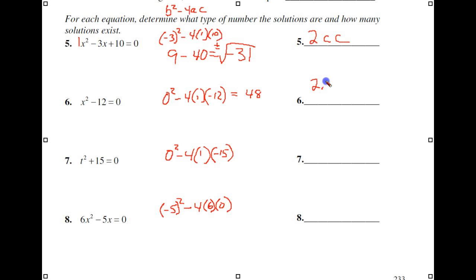So two real solutions, irrational. Again, there is no b here, so b is 0. Minus 4 times a minus 15 equals a positive 60. So this is the same. Two real, irrational.